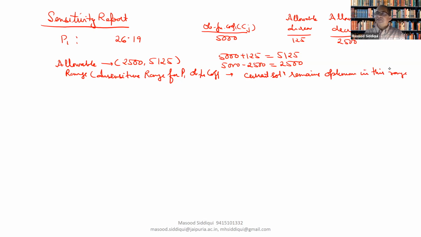That's why this is known as the allowable range or insensitive range, because the current solution for P1 remains optimum. We can say that as long as the profit from product 1 remains between 2500 and 5125, we continue producing 26.19 units of product 1. So this is the allowable range for product 1, where our solution remains constant.